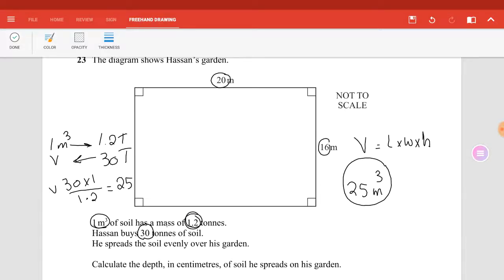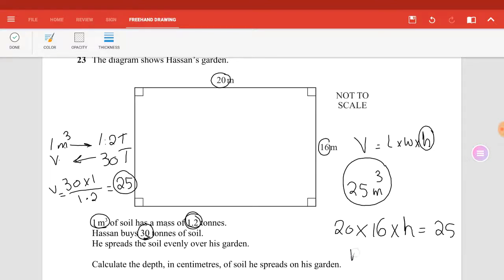If he bought 30 tons of soil, what's the volume that it will cover? To calculate it, use cross multiplication, because this is a proportion operation. You will know the volume should be 25. We missed the height, because we know the length, which is 20, multiplied by the width, which is 16, multiplied by the height to give you 25 meters cube.